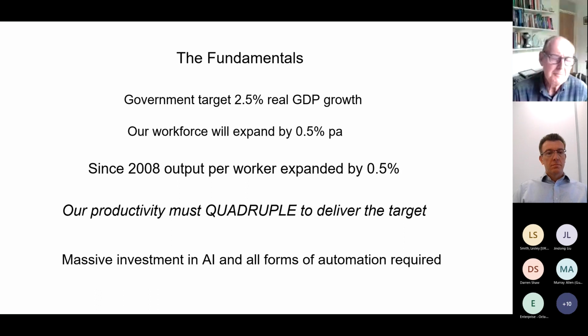And this is going to require massive investment in AI and all forms of automation, which is going to require many more technical engineers than we've got. So enterprise are in a really good position. If I was Aston Martin, I might be thinking, well, 10 years' time, a chap called Jamie in Berkhamsted will put his name down. Anyway, next slide.